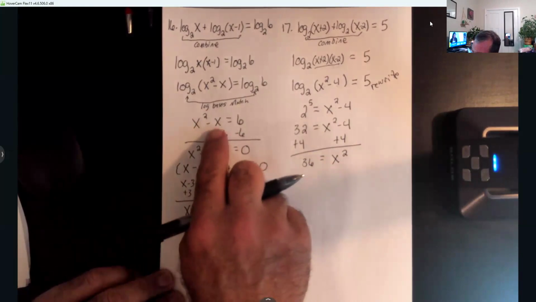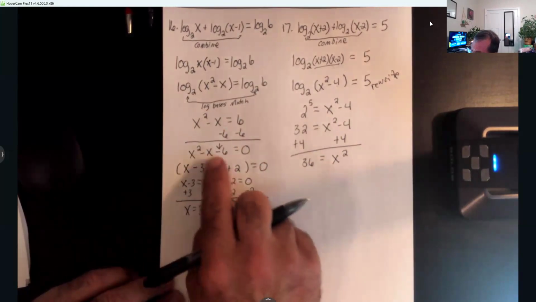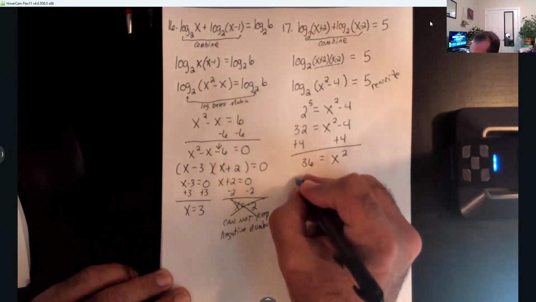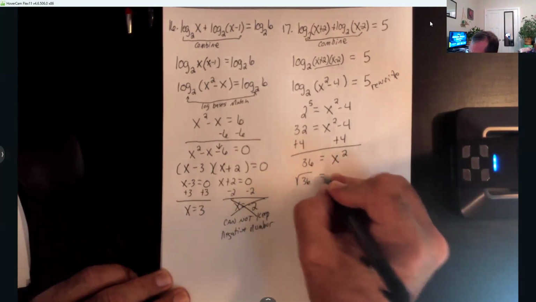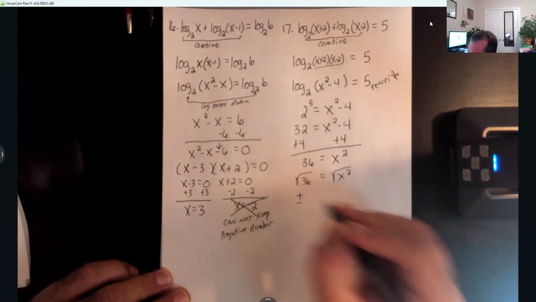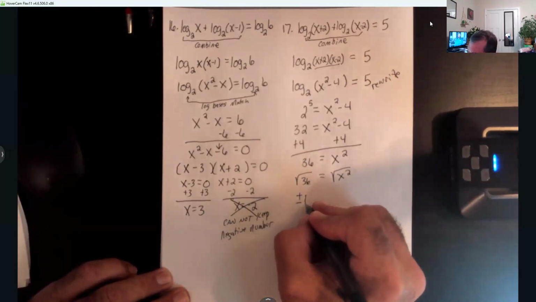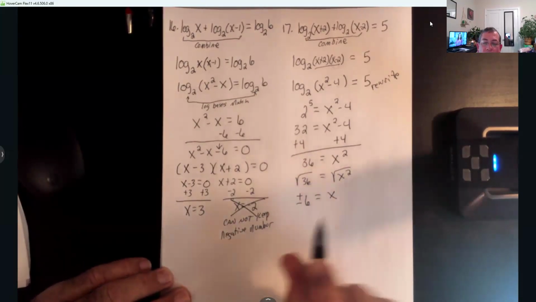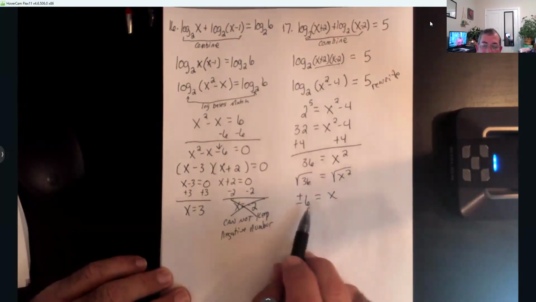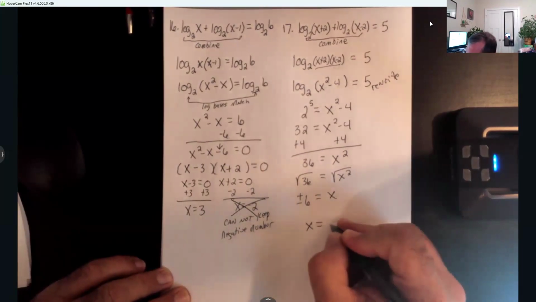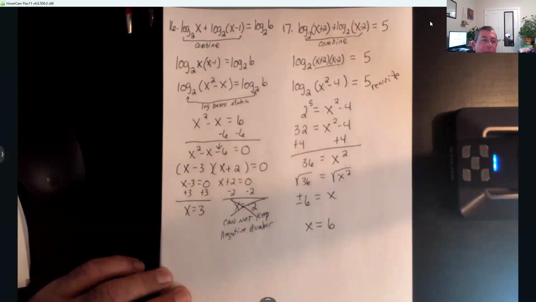Or since there's no x term in the middle like these all had, we can do the square roots. So square root of 36 equals square root of x squared. So remember, that'll give me what? A positive and minus 6 equal to my x. But y'all remember, I cannot take the negative answer. So the only answer I can take is the positive 6.